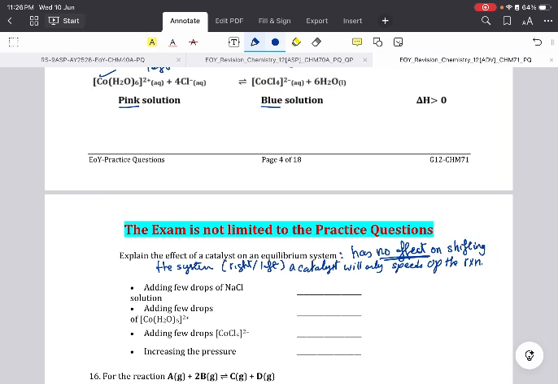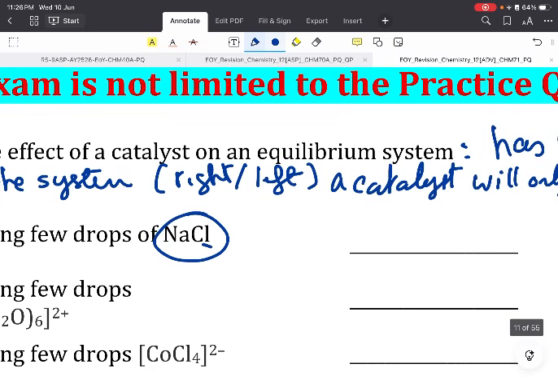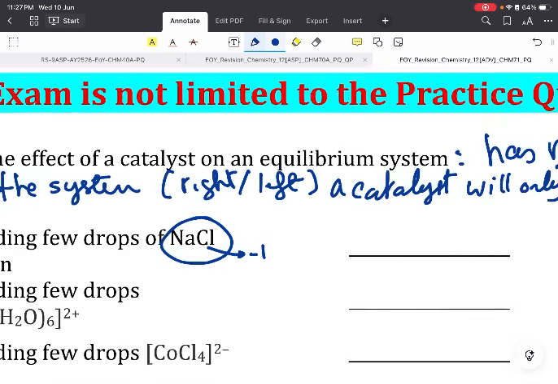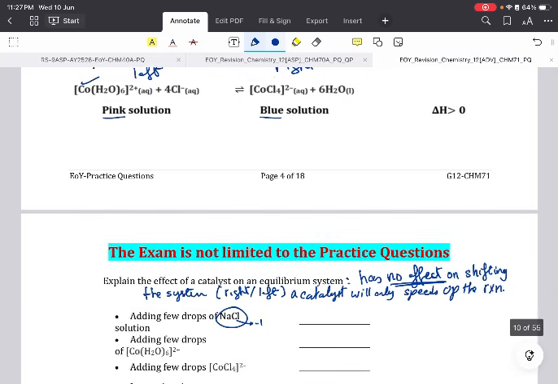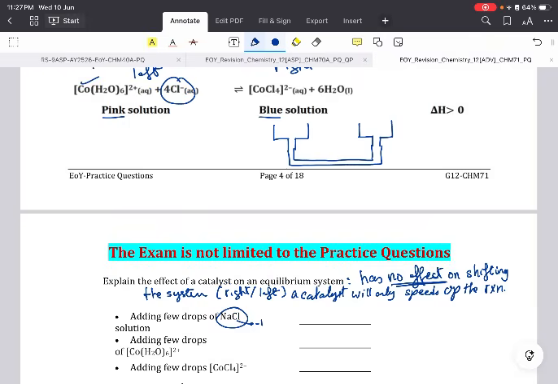Adding a few drops of NaCl. Now when I look at NaCl, I know from topic 7 that the Cl has an oxidation number of -1. And when I look at the equation, I can see over here Cl-. So again, I'm going to draw the water tank and answer the question using this water tank.